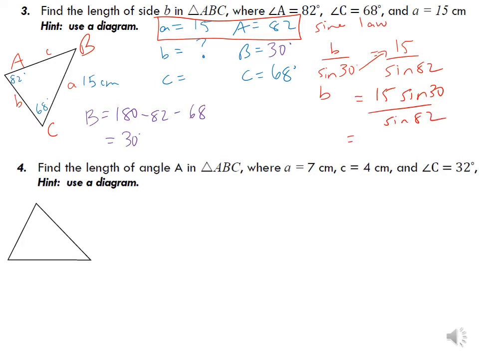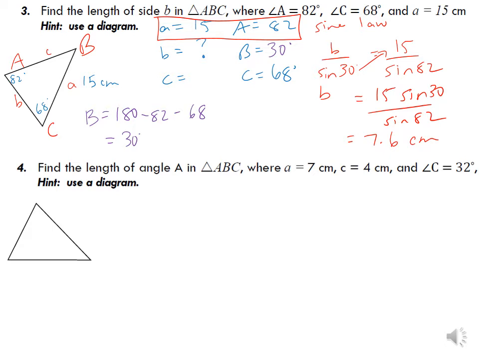Type that in just like you see it: 15 sine 30 divided by sine 82. And we'll say go to one decimal place. 7.6 centimeters. And there is side B.